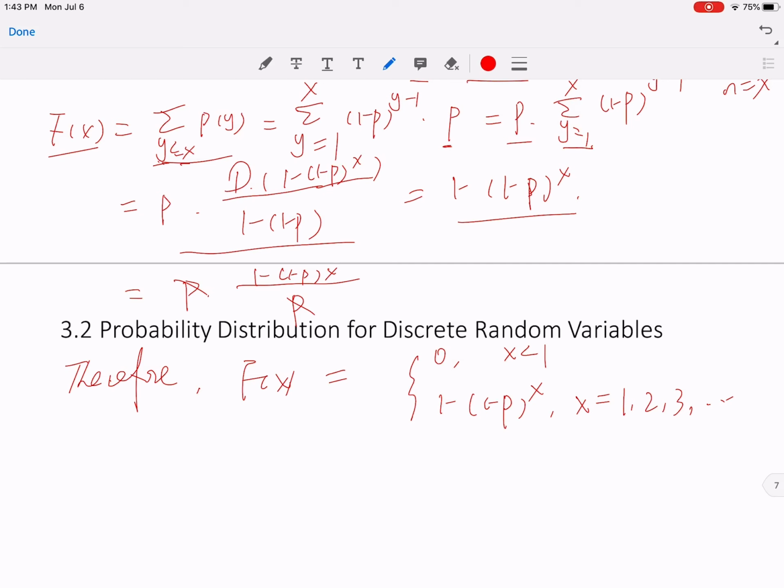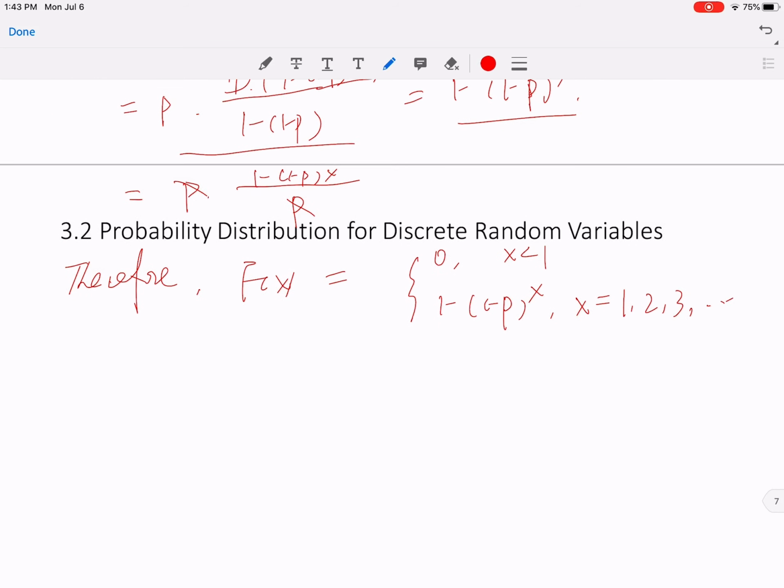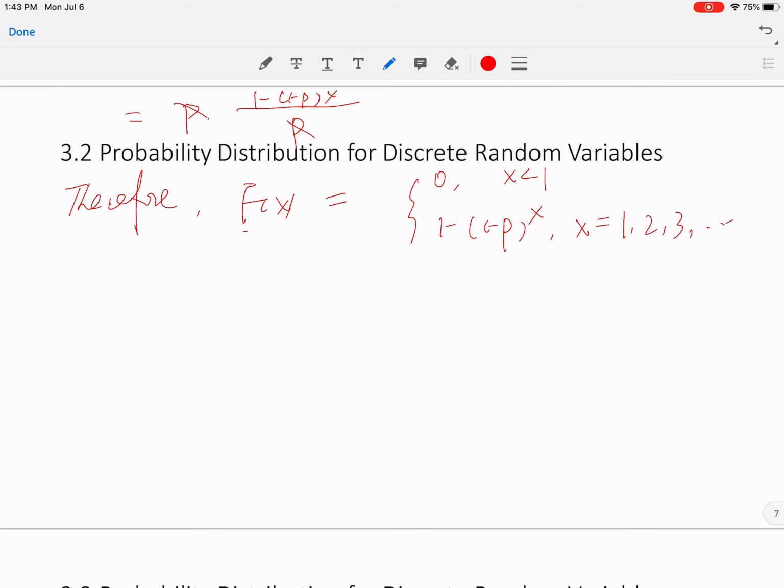But as I mentioned previously, usually the CDF starts with probability 0 and ends with probability of 1. Now let's take a look at when F of x is equal to 1. Let me clean this real quick.